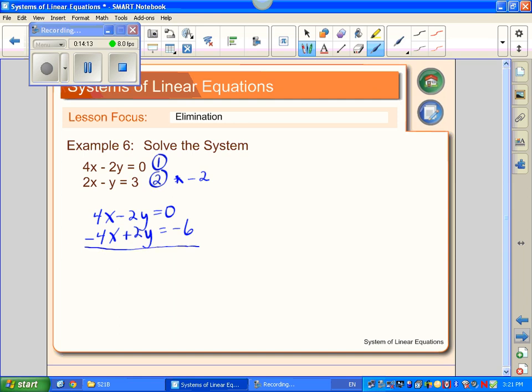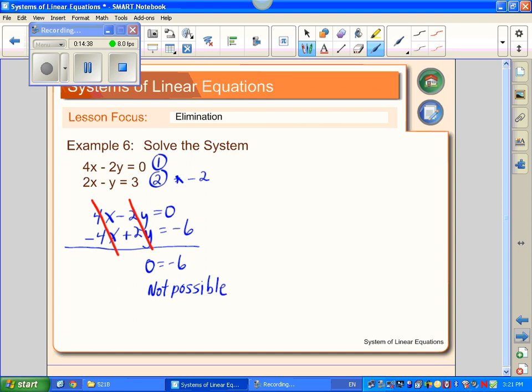Something strange happens. That gives me 0. I get 0 equals negative 6. This is not possible. Nowhere does 0 equal negative 6. It's not possible.